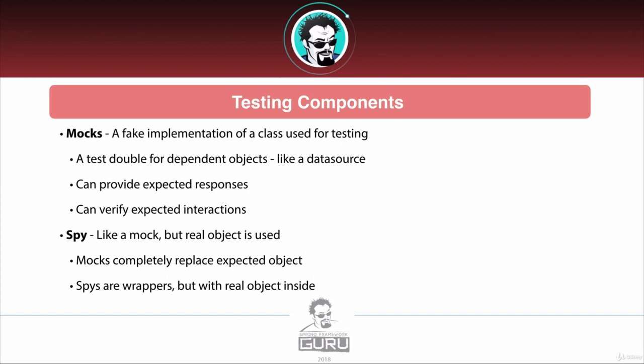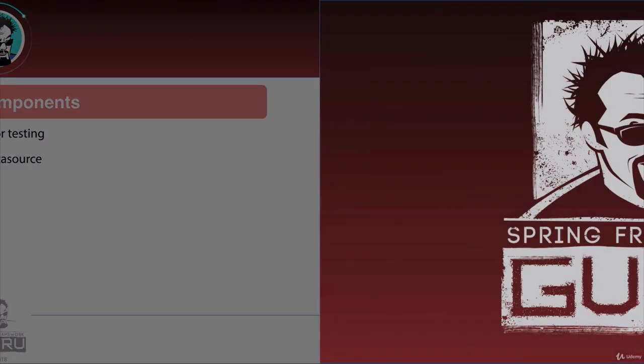Now, spies, they are going to be like a mock, but a real object is used. And I kind of think the spies are more like wrappers. So they wrap up the real object. So you can say, I want to override something on this object with a spy. But at the same time, you can also say, we want to allow the normal behavior to occur. So spies are a little bit confusing, but the real object is involved. And we will be looking at both of these closer coming up in the course.